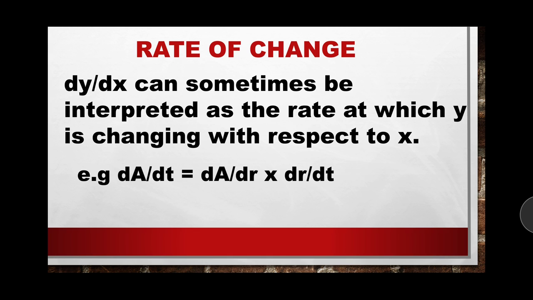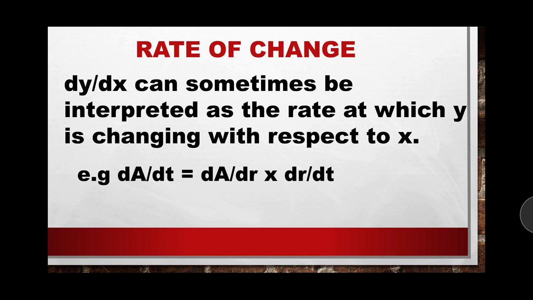If you are given area with respect to r, you can differentiate area with respect to r, which is dA/dr, and you have another function, r as a function of t, or the rate at which r changes, that is dr/dt.